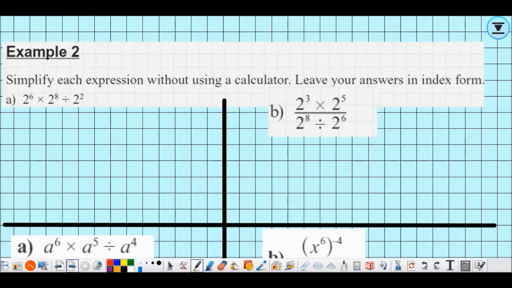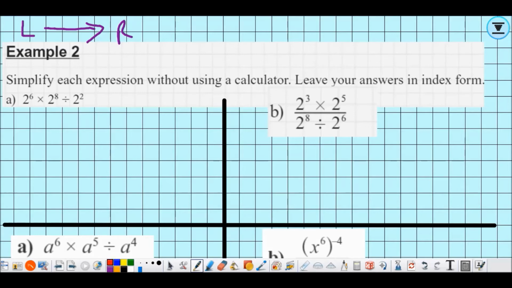Or I could do it both at the same time, starting from the left of the function and going through to the right. So I could do 2 to the power of 6 times 2 to the power of 8 first, and then divide by 2 to the power of 2. Or I could do 2 to the power of 8 divided by 2 to the power of 2, and then times it by 2 to the power of 6. Both will give me exactly the same answer.